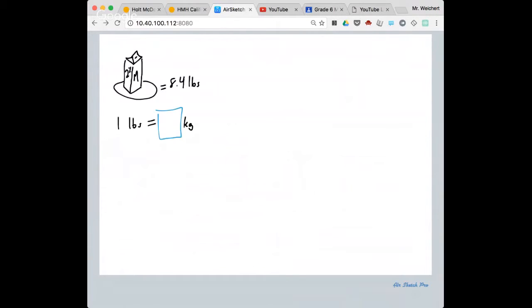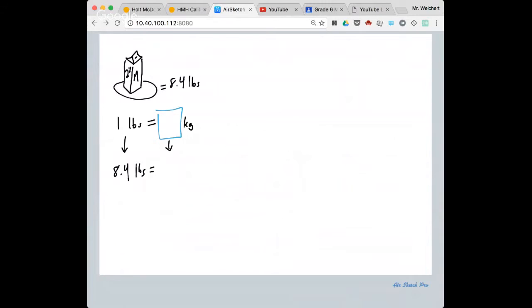That's what we need to know, because then we can just convert 1 pound to 8.4 pounds and do the same over here. Whatever we do to convert 1 to 8.4, we're going to do the same thing to this to get how many kilograms.